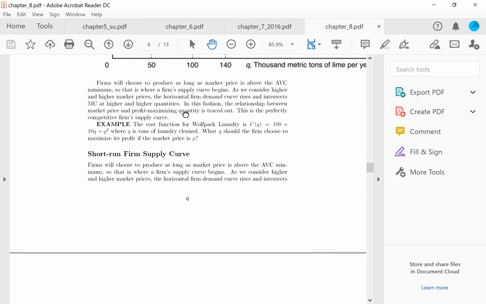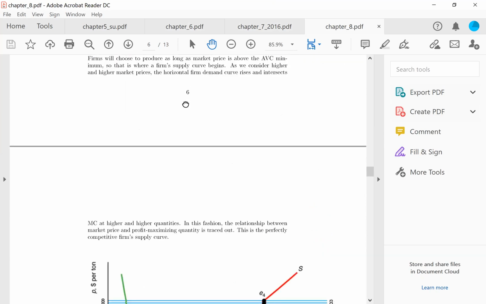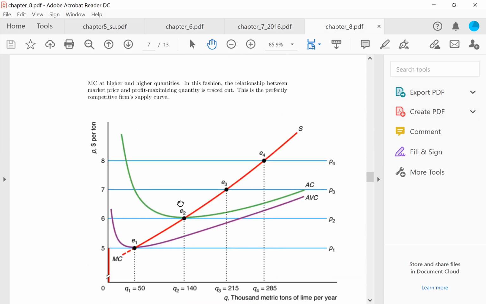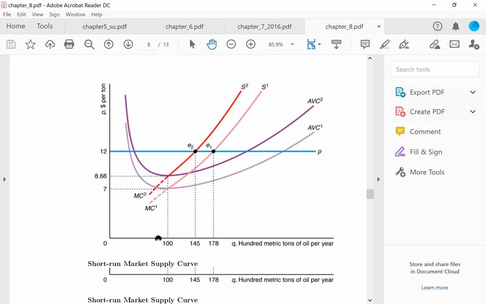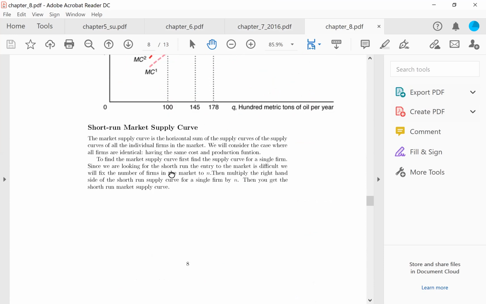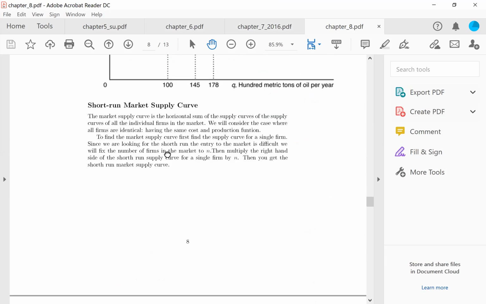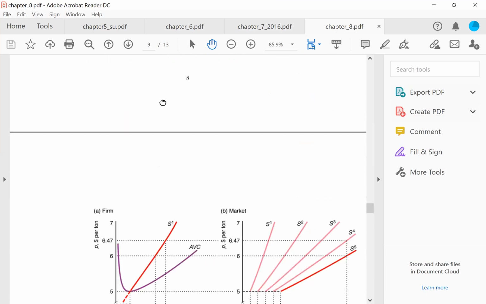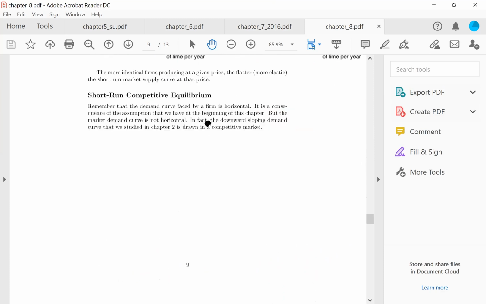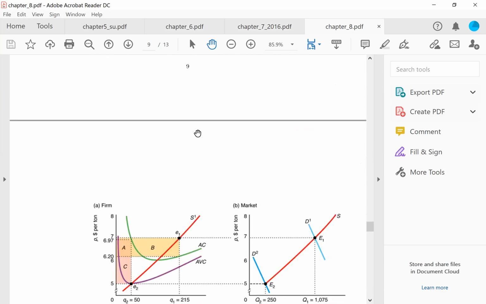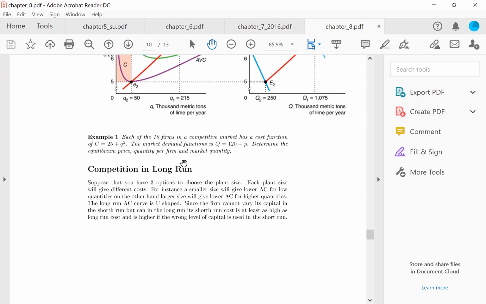You are also responsible for the short-run firm supply curve, which we have derived, and the short-run market supply curve. You are not responsible for competition in the long run, and the rest.